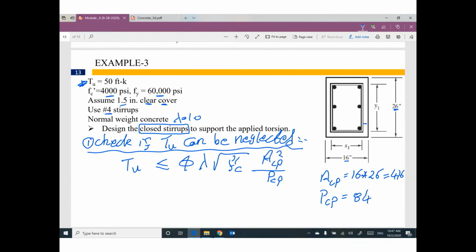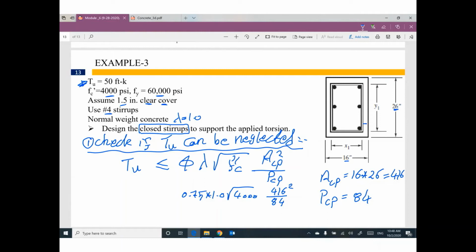So the right hand side will be 0.75 times 1 times square root F prime C, how much? 4,000. Area CP 416 squared divided by 84. What is the value of this expression? It will be 416 squared divided by 84 times square root of 4,000 times 0.75.